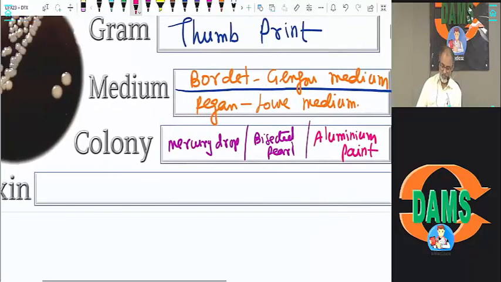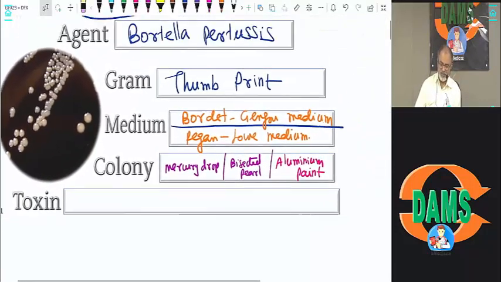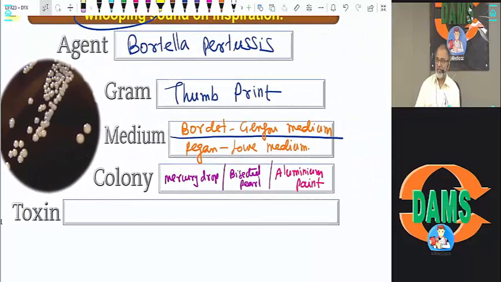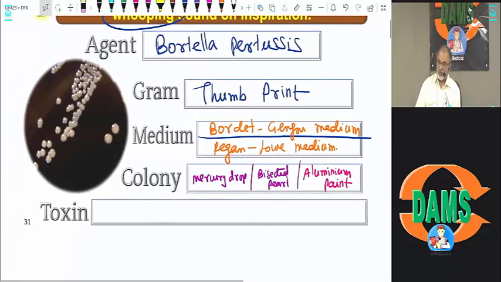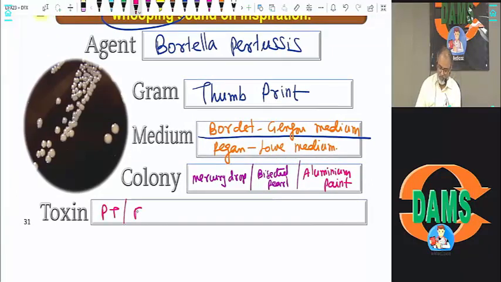What is the mechanism of action of pertussis toxin? Or sorry, toxins. It possesses five types of toxin. One is called pertussis toxin, filamentous hemagglutinin, you know that. Tracheal cytotoxin, adenylate cyclase toxin, dermonecrotic toxin.